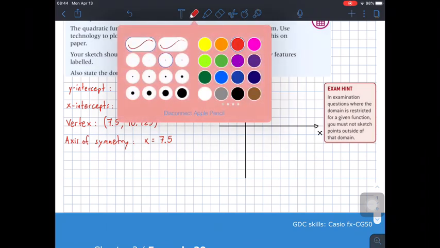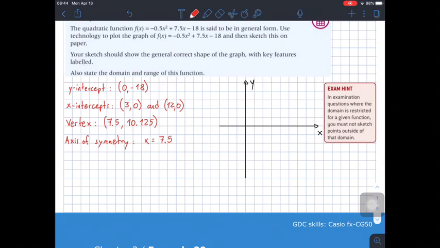So I can just approximate this, let me take this a little bit down. I can just say that this, for example, is -18. I don't need to do the scale when we're doing a sketch. I could then say that this, for example, is 3, 0 and this is 12, 0.